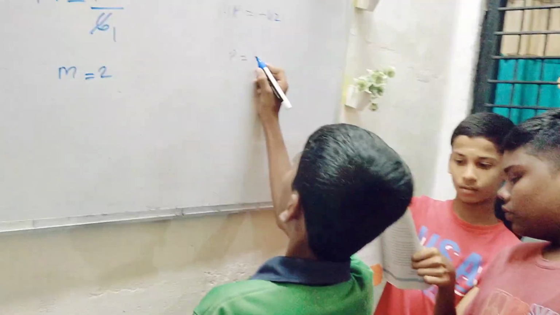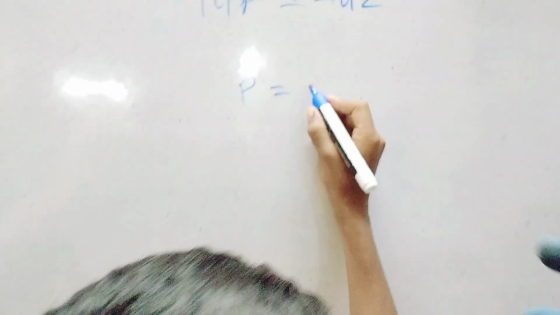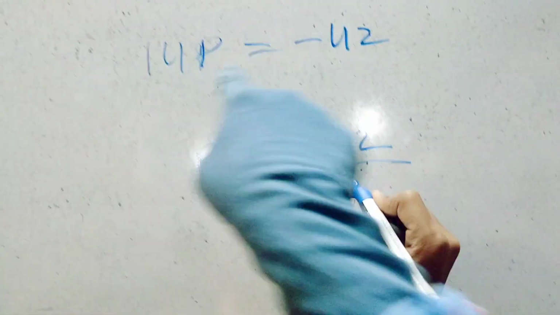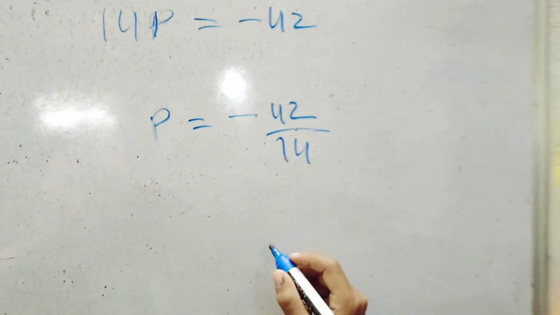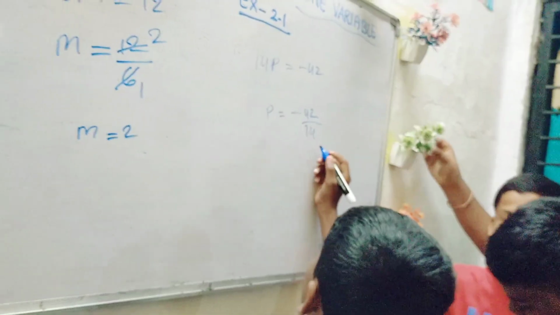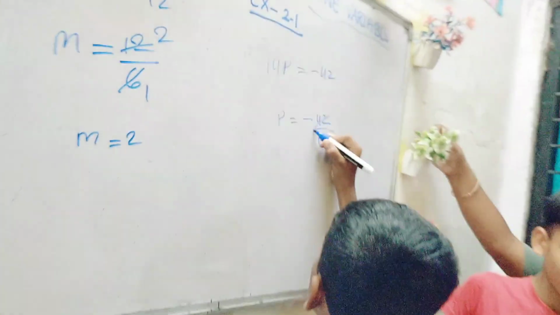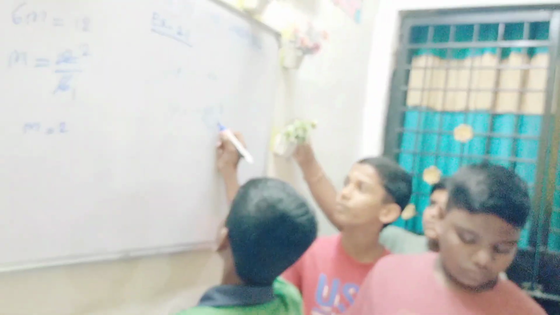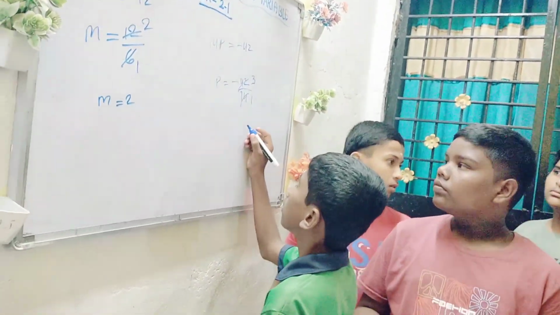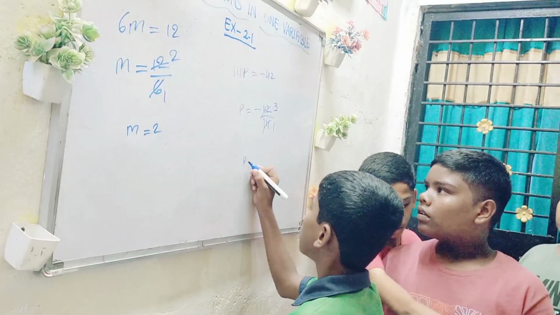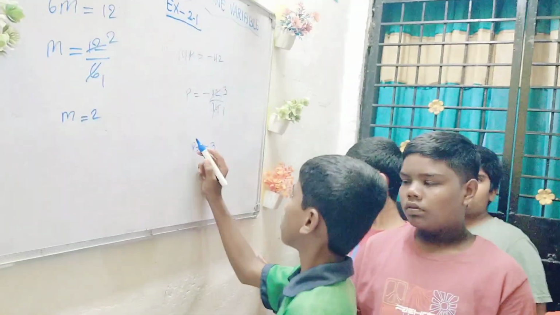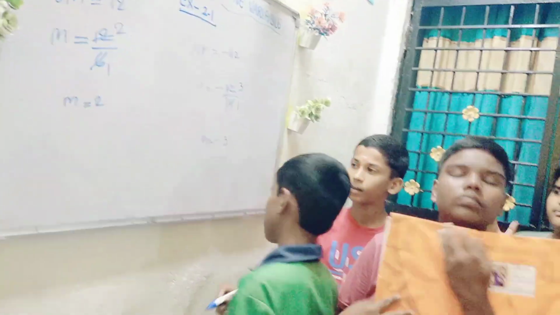P is equal to minus 42 by 14. Fourteen threes are 42. So what is the answer? P is equal to minus 3. Yes, it is correct, kids?